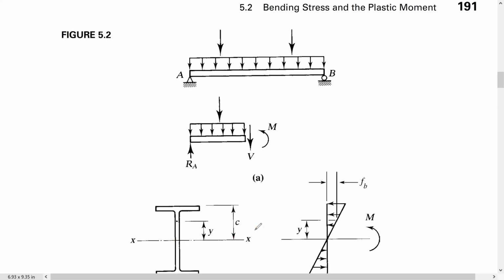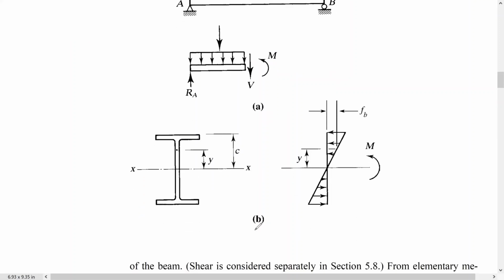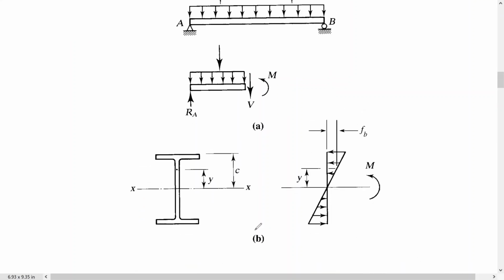So this is the x-axis, and here is the C or the Y, which when I told you M times C divided by I, this is the stress.